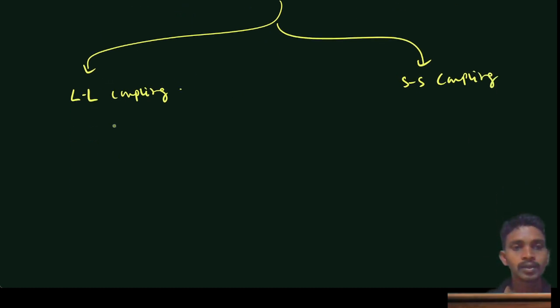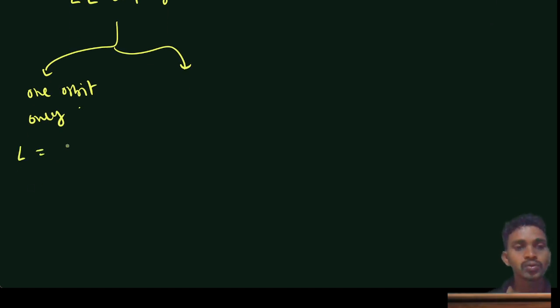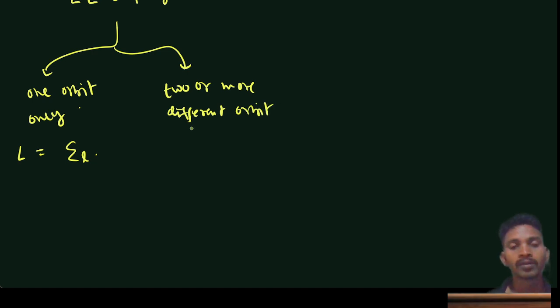LL coupling we do in two ways. If only one orbit is given, then we sum the L values. Whenever two or more different orbits are given, then L is L1 plus L2 down to L1 minus L2.